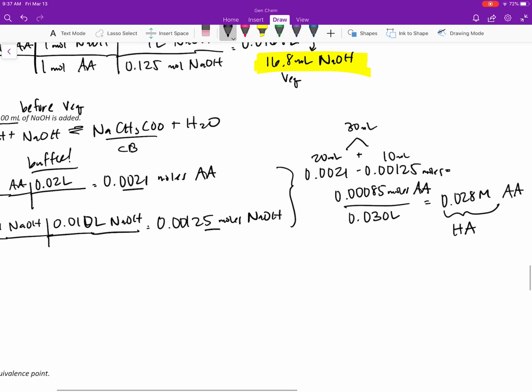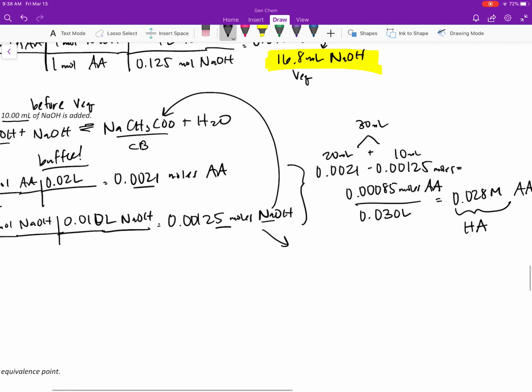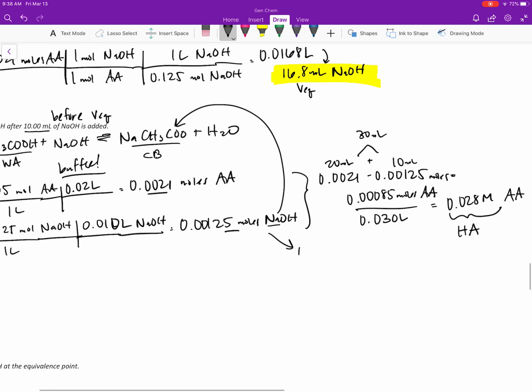And so what about my A minus? Well, this is all of my A minus, because all of the NaOH is going to directly contribute to my sodium acetate, so I can make a direct conversion because they are in a 1-to-1 ratio with each other, the sodium hydroxide and the sodium acetate, and divide that by my new volume to get my molarity of my A minus.